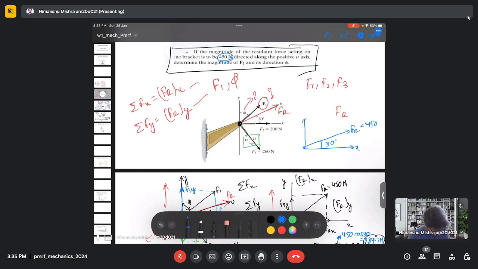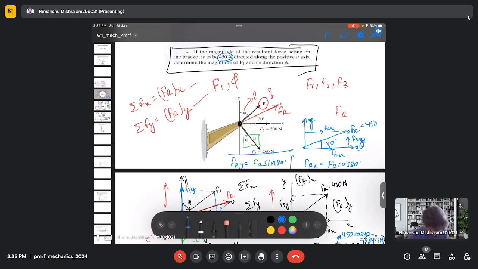This is my y and this is x. So we just found the components of these forces. We found this Fry and this Frx. So this Frx will be Fr cos 30, and Fry will be Fr sin 30.